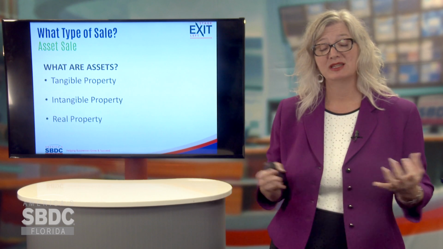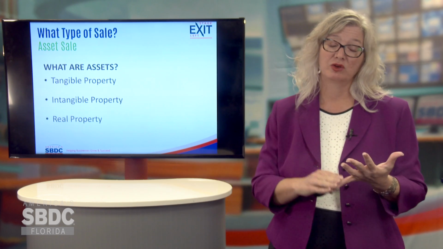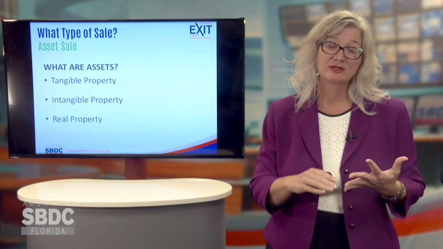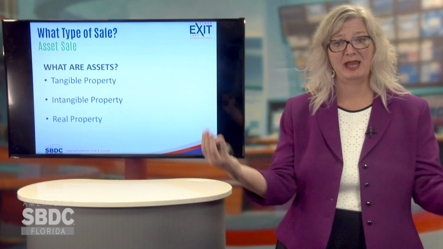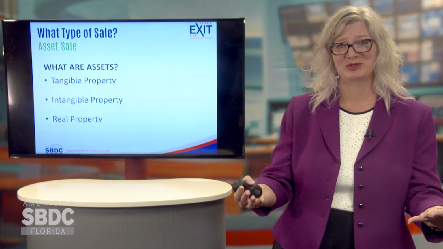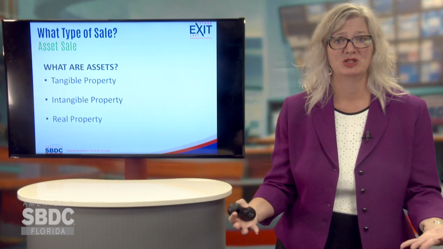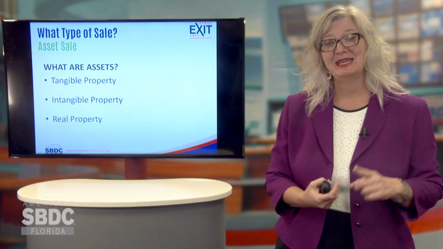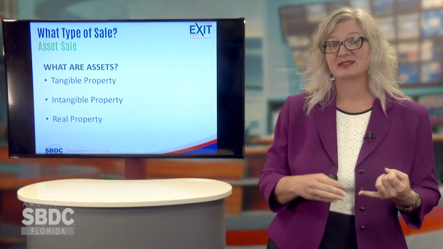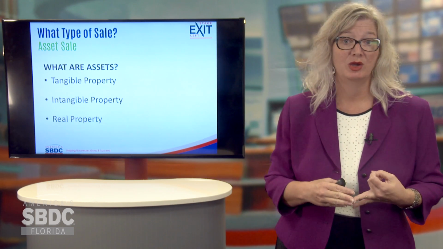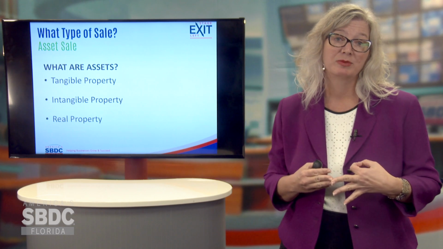So the tangible property is everything you can feel and touch. It's your furniture, it's your computers, it's your equipment, it's everything that you pay a tax on. Your tangible personal property tax, that's what your tangible property is. The intangible property, however, is much bigger. It's things like your business name, your logos, the intellectual property your business might have.